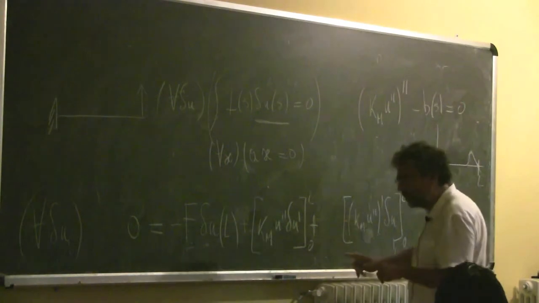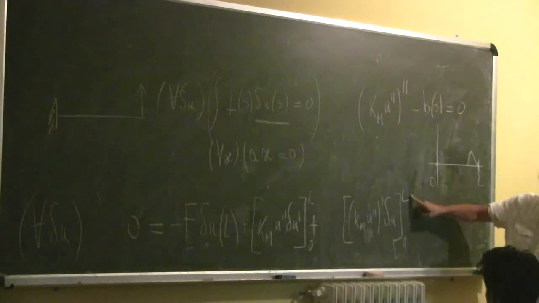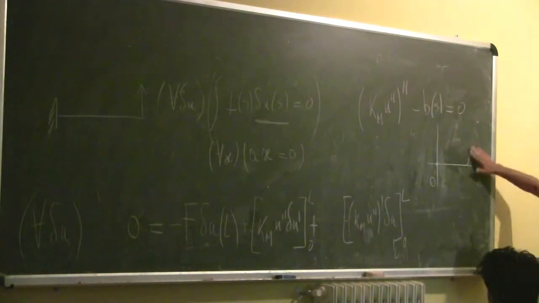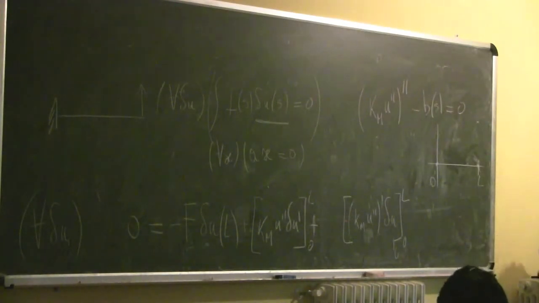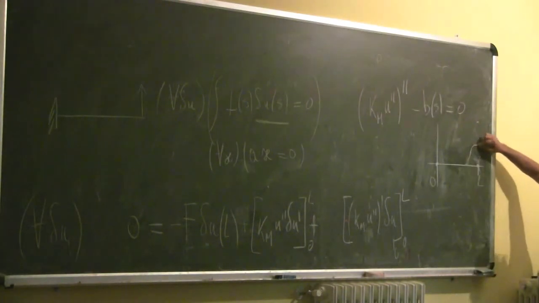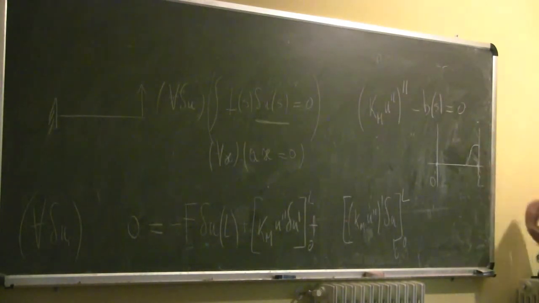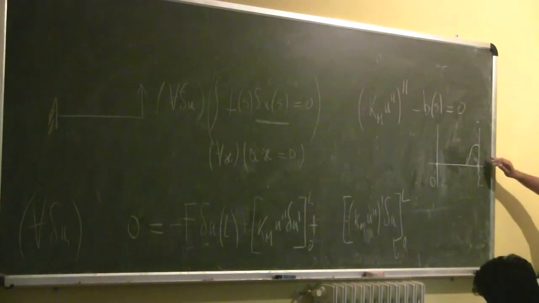Now, we are left with delta u L. So our sampling function has to do this. You have a delta u L which is different from 0, but its derivative is 0.